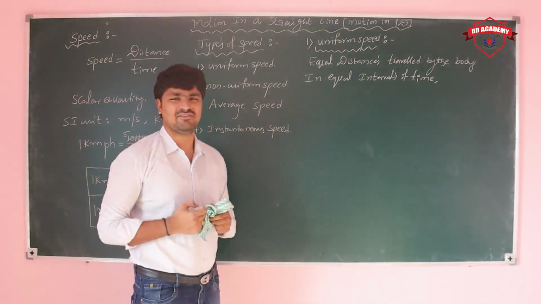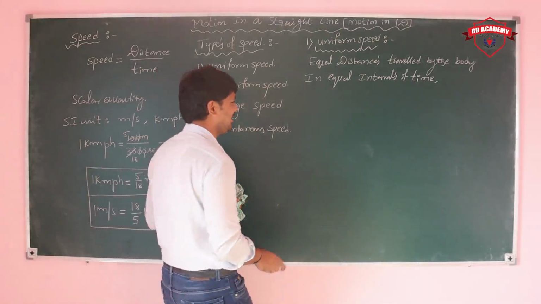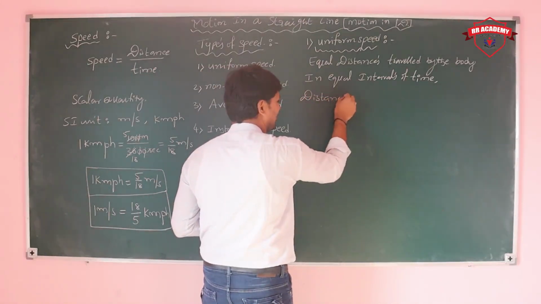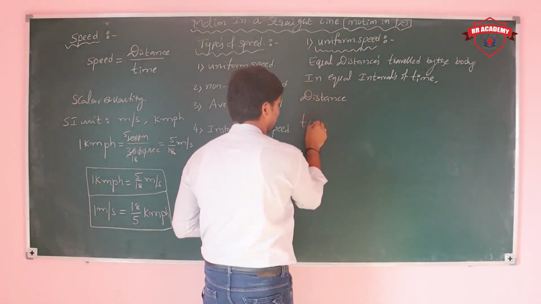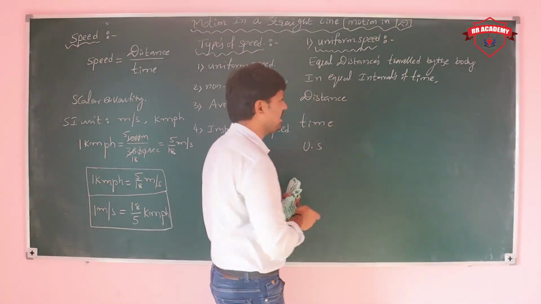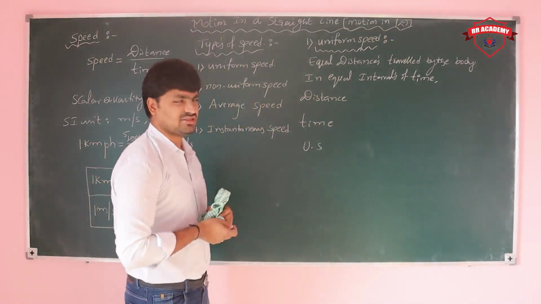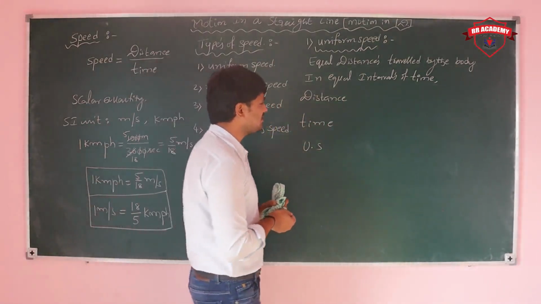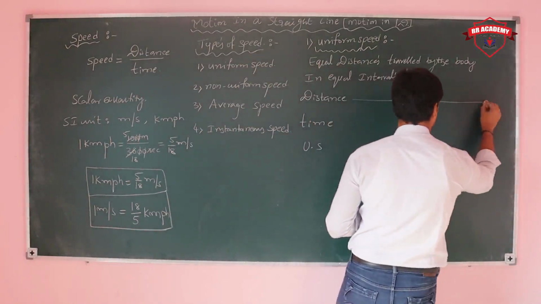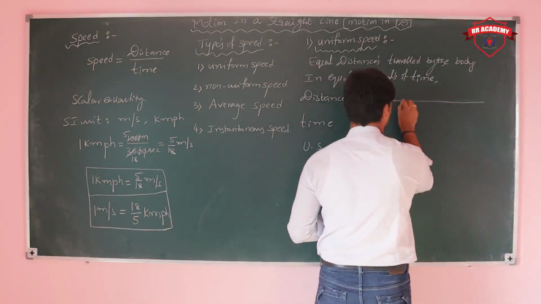Let's see one small example. Here I am considering distance as well as time, so then automatically you get speed. A person travels on a straight road, meaning he is moving on a straight road.